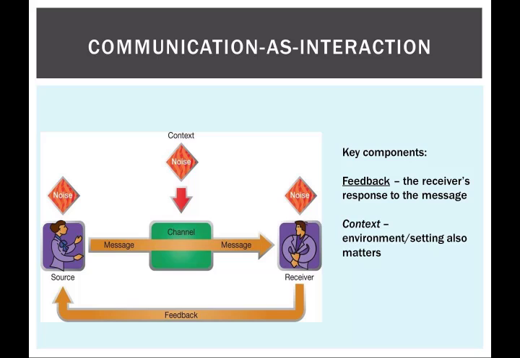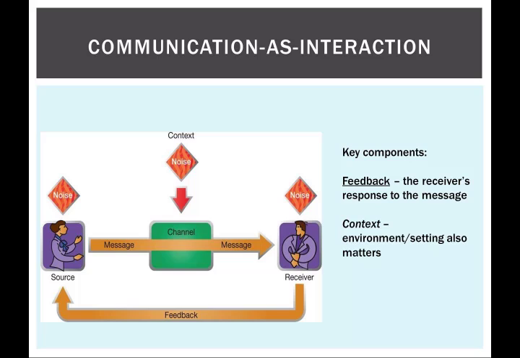So the context could be something that's informal, like a social context where you might be talking with friends at your house. It could also be more of a formal type of context, such as if you were interacting with a colleague at work. So that actual environment or setting is going to have some sort of impact or influence on how the communication occurs within that interaction.